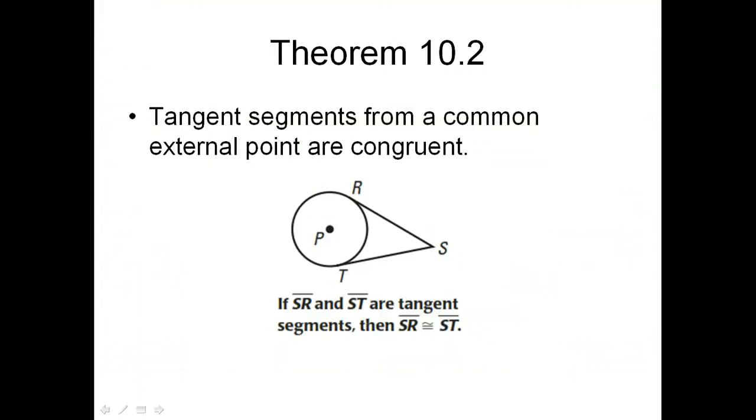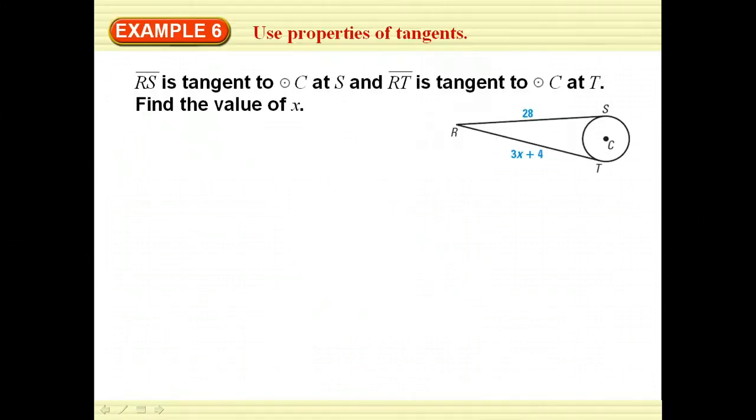Two tangent segments from a common external point are always congruent. So if I start from a point outside of the circle somewhere and draw the two tangent segments that I can draw, one to each side of the circle, then those line segments will always be congruent. So in this case, I see that I have r.